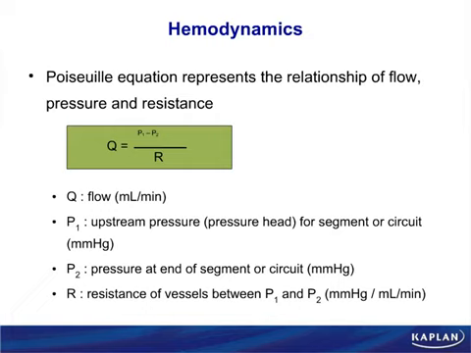P2 is the downstream pressure, and again, this is all divided by the resistance. Very key fundamental for cardiovascular.